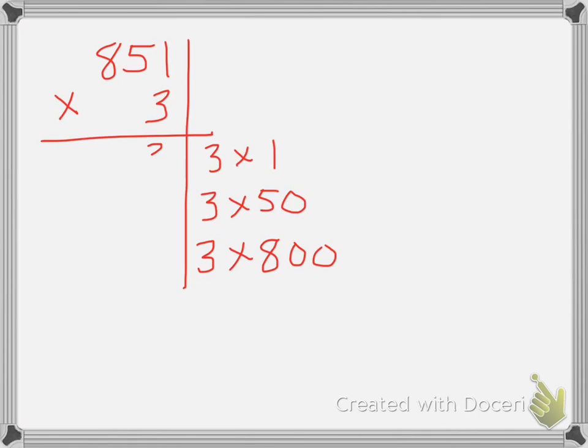Okay, 3 times 1 gets me 3. 3 times 50 gets me 150. And 3 times 800. 3 times 8 is 24, 24 hundreds.